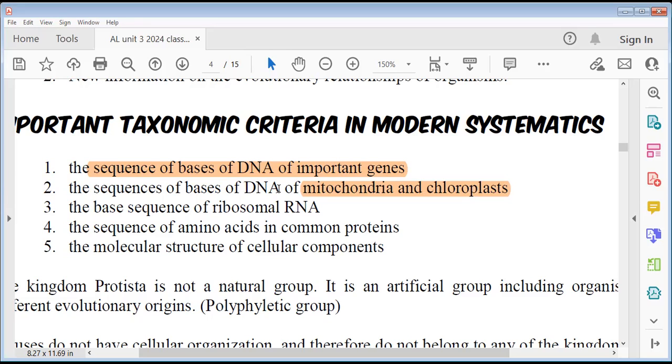So we have mitochondria, male or female, that came to us from our mother. She got it from her mother, and so on.